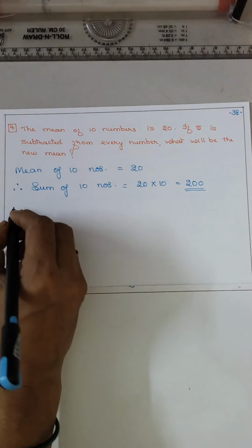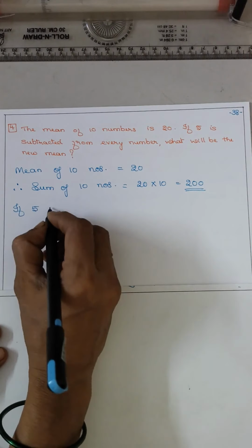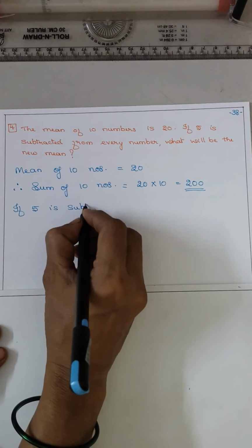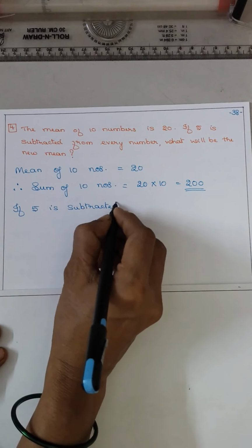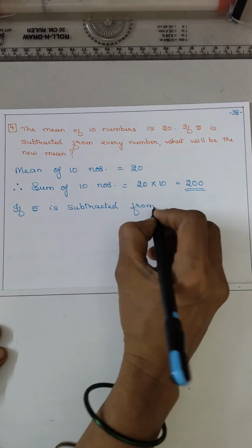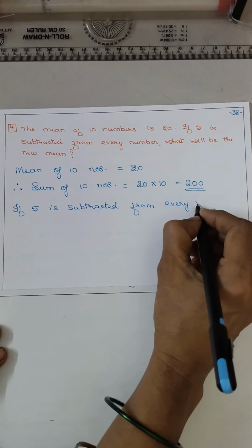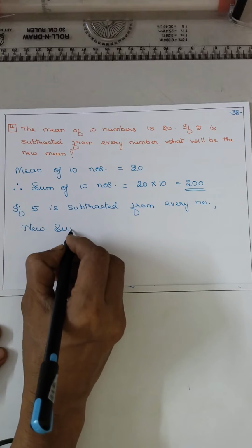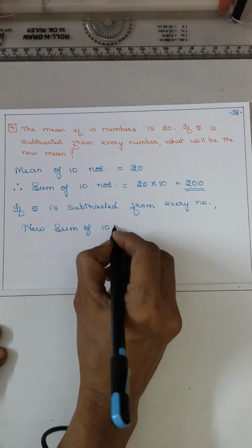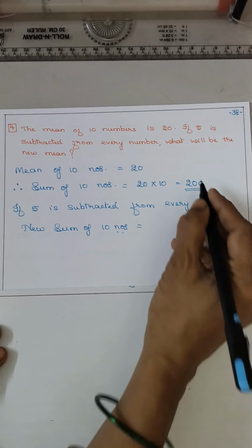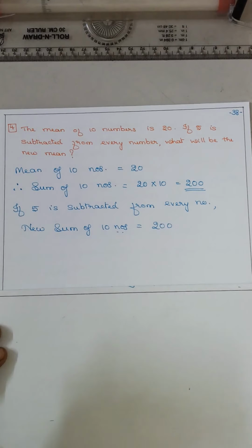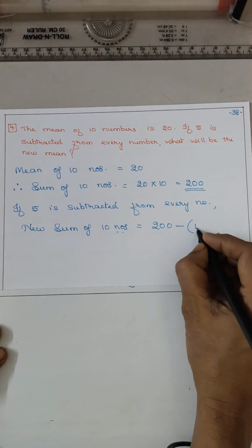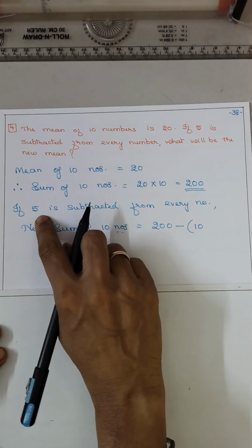Now what they have told, if 5 is subtracted from every number, the new sum of 10 numbers will be, पहला ओरिजिनल सम कितना है 200. अभी सब्ट्रैक्टेड बोले हैं तो सब्ट्रैक्शन साइन डालो. टोटल नंबर्स कितने हैं 10. हाउ मच इज सब्ट्रैक्टेड फ्रॉम ईच 5.